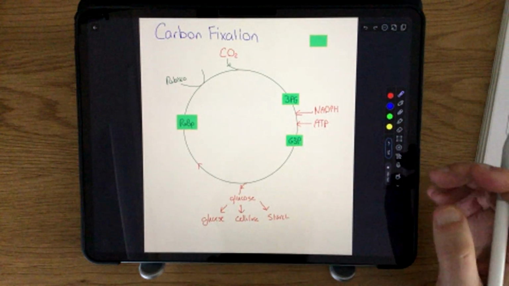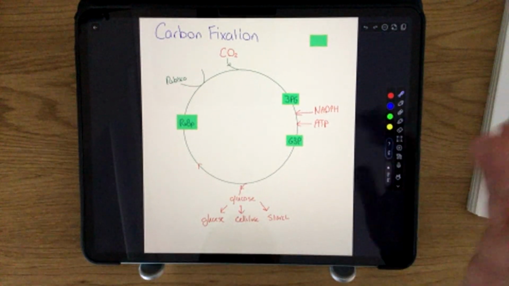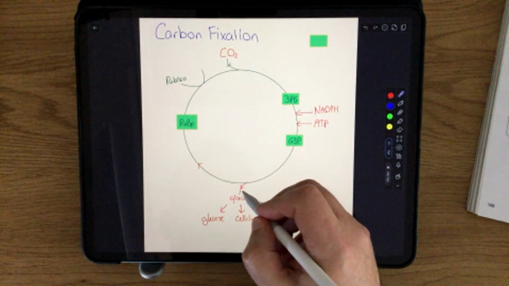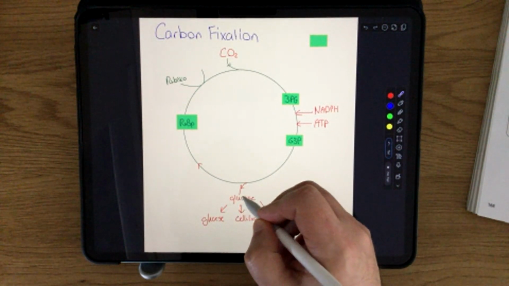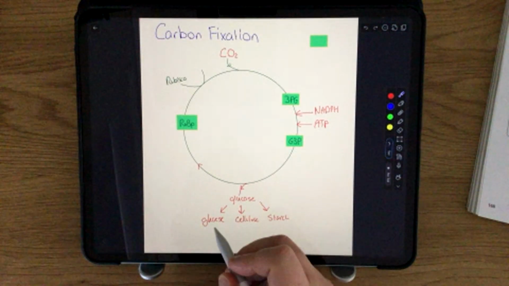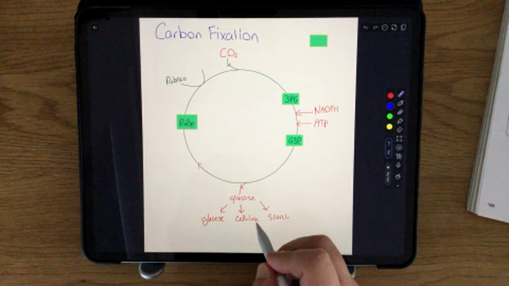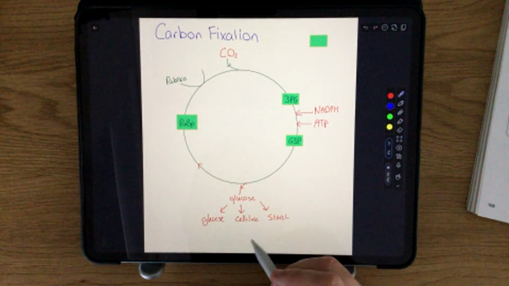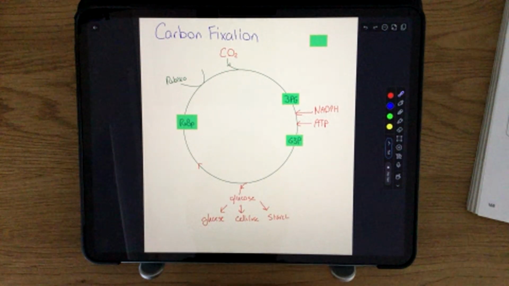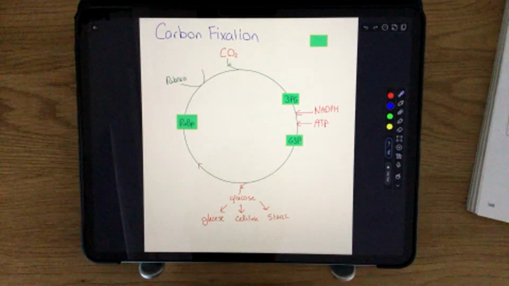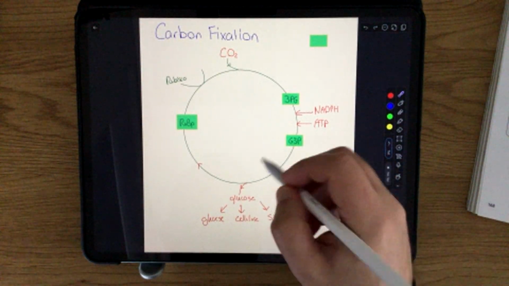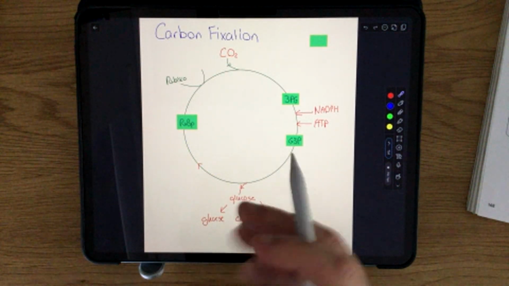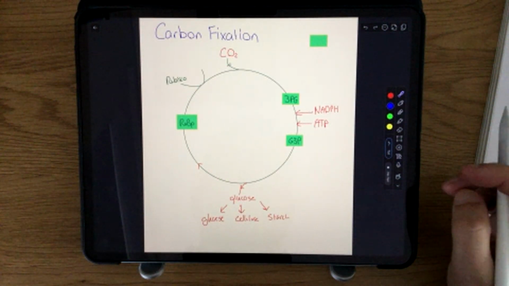So we've now got G3P, which is very beneficial to the plant, and it's got two fates. Some can be converted into glucose, which is then used for immediate use by the plant, cellulose, which is going to create the structure of new cell walls, and then starch, the storage carbohydrate for a rainy day, so to speak. What's left over and not converted into glucose returns to RuBP to allow it to be fixed again.